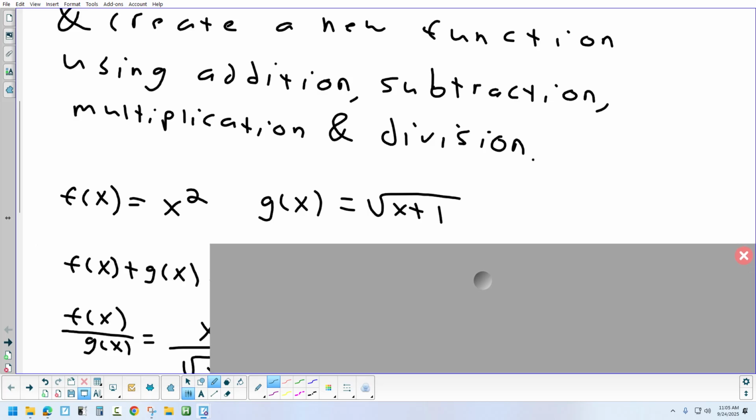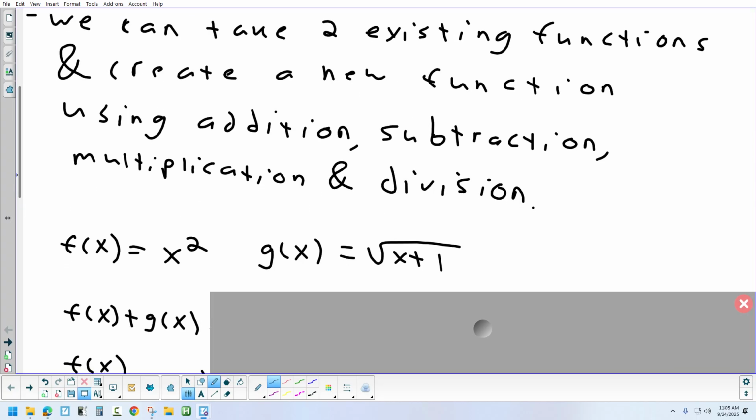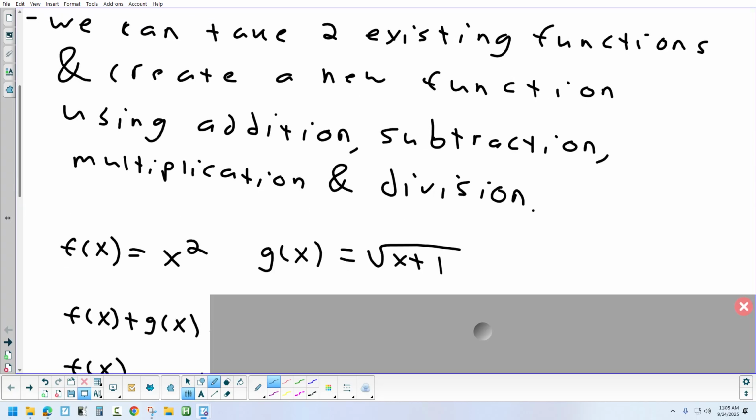Let's start with adding. First of all, are f of x and g of x like terms? No. If they were like terms, you'd have something like x squared and 5x squared. The one on the left is an x squared, the one on the right is a square root.